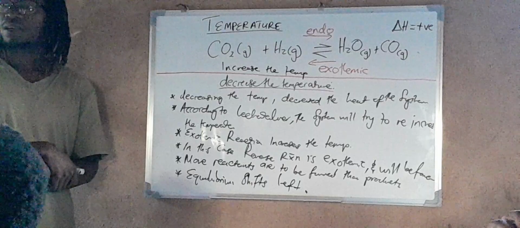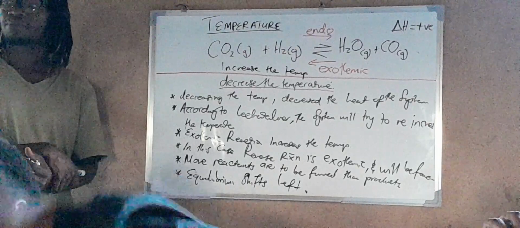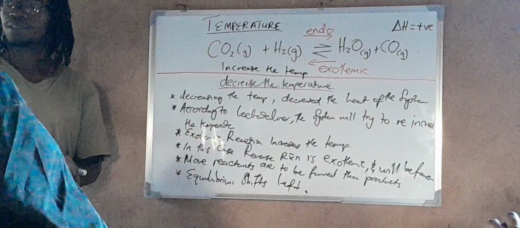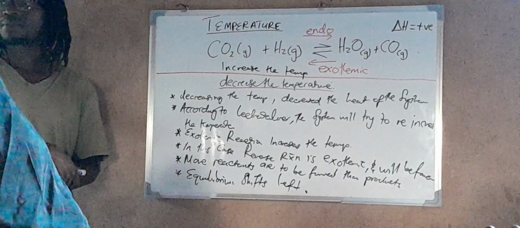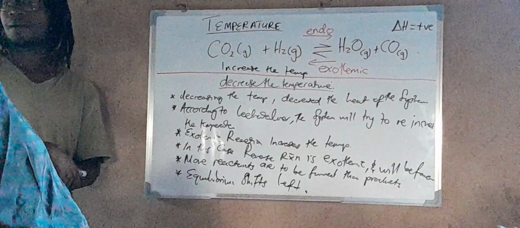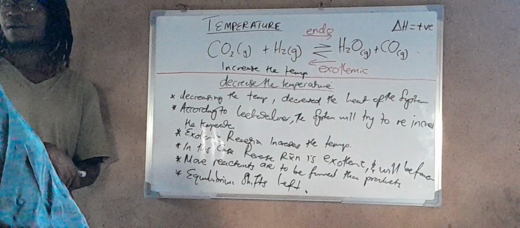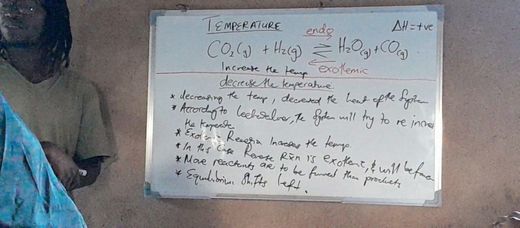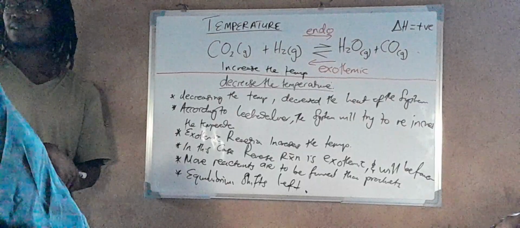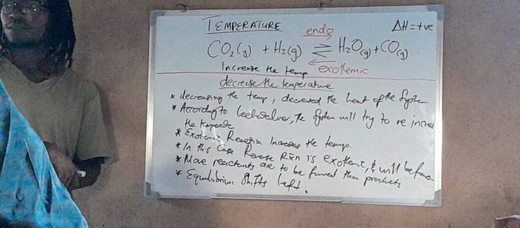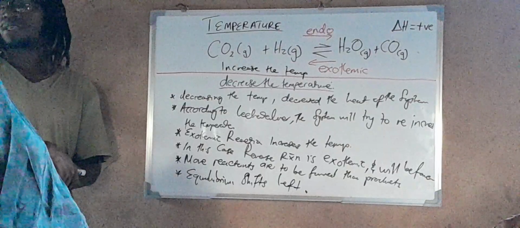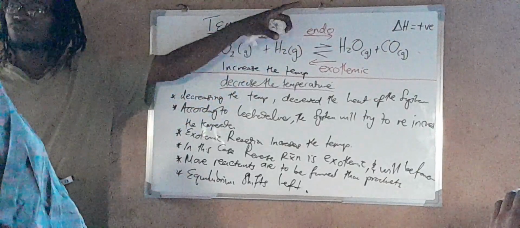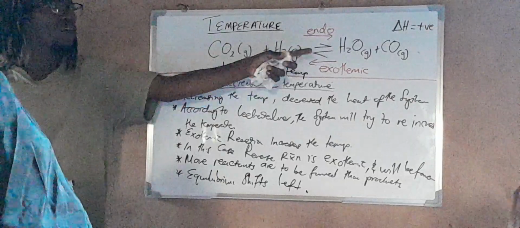Then, according to Le Chatelier, the system will try to reduce the temperature, so the endothermic reaction is favored, because endothermic reactions absorb heat. Now check your situation: which one is the endothermic reaction, the forward or the reverse?